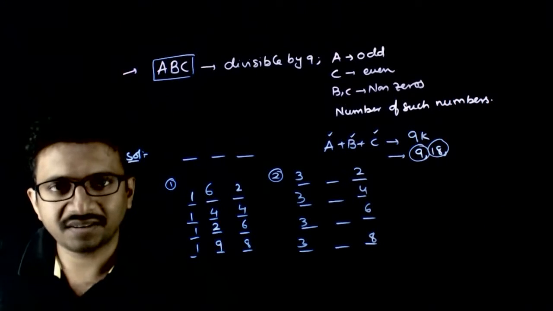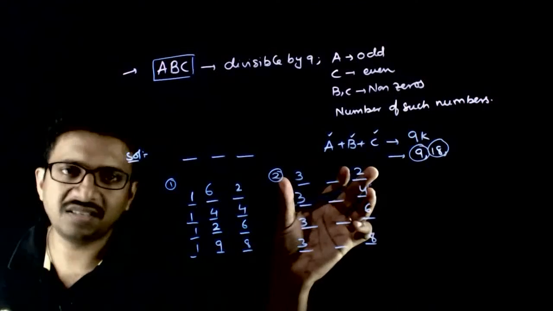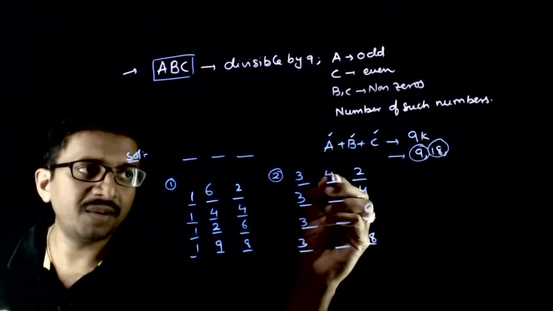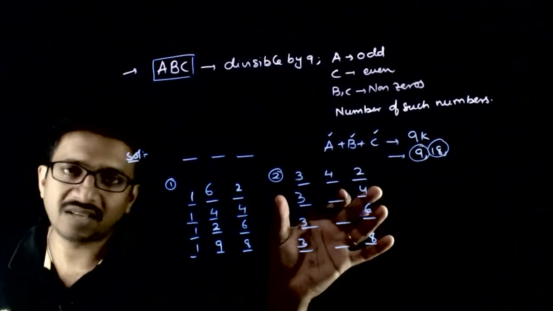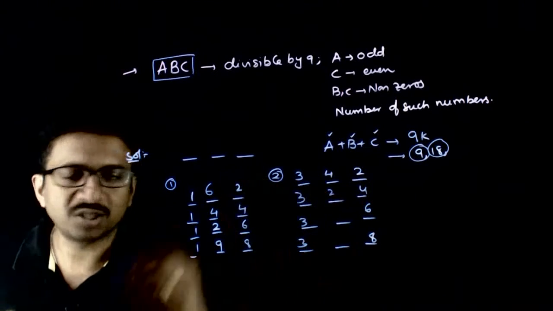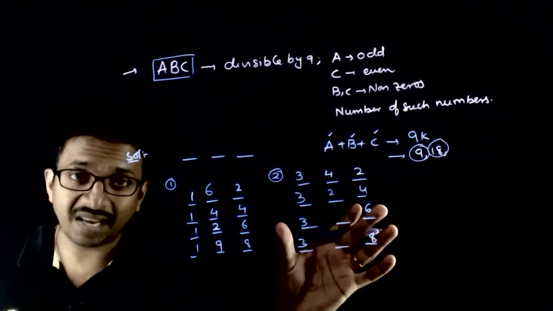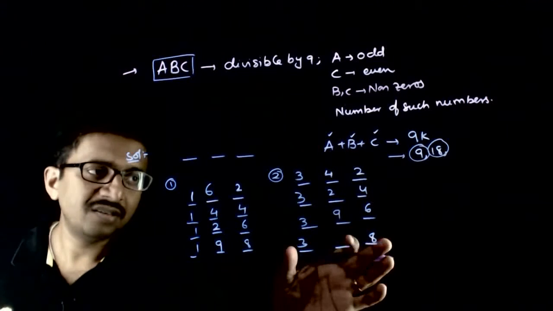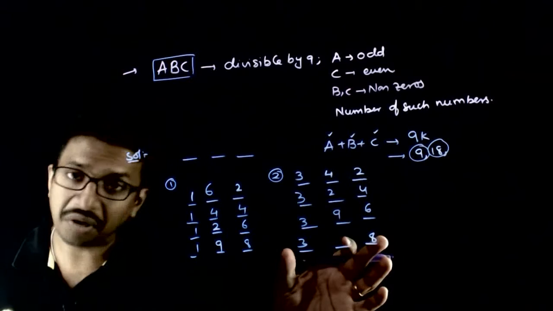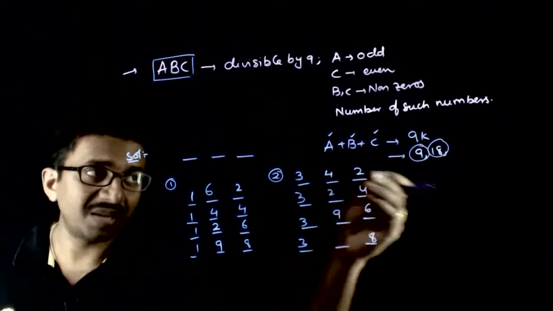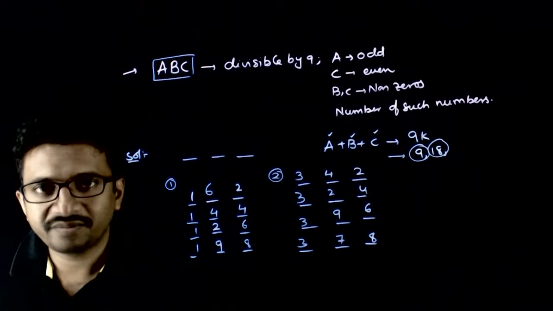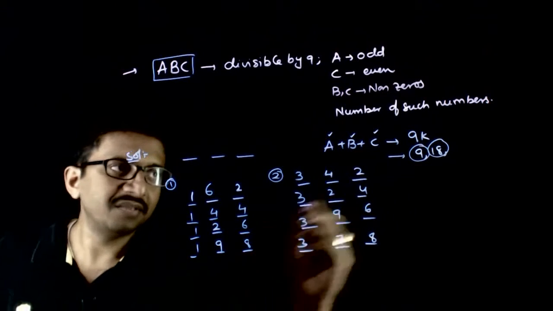If the first digit is 3 and the last digit is 2, the sum is 5, so the middle number has to be 4. With 4, the sum is 7, so the middle number has to be 2. With 6, the sum is 9, and the middle number cannot be 0. With 8, the sum is 11 already, so the sum has to be 18, and the number has to be 7. So you have 4 options again.